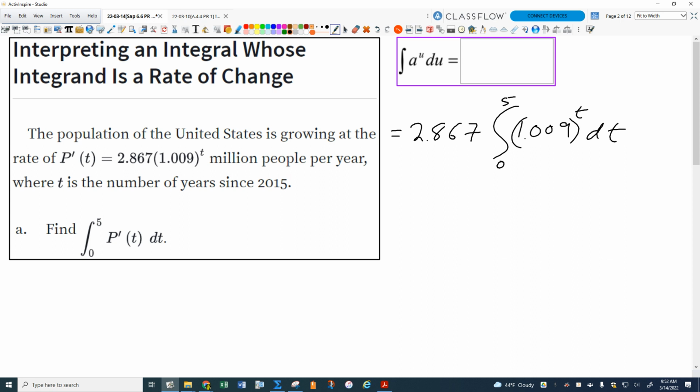Okay, what's my standard form for that? That's an exponential function, but it's not a base e exponential. So do you remember what that one is? It'd be a to the u, right? Remember that one?